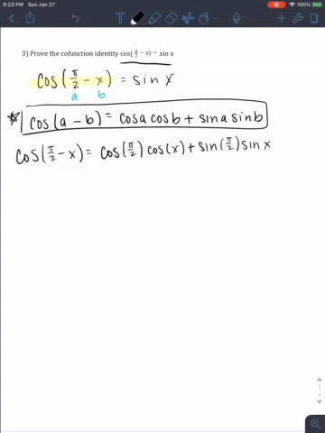So a and b, a and b. And you may be thinking, oh, what do we do now? But we can evaluate these, right? Because those are just values.